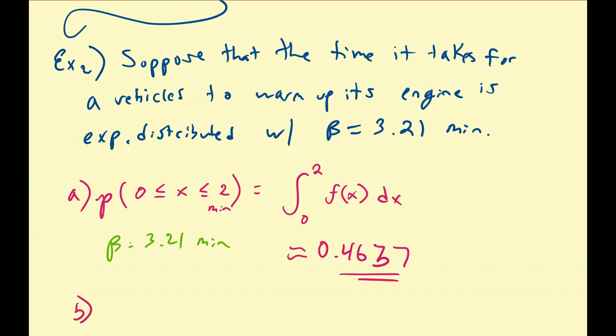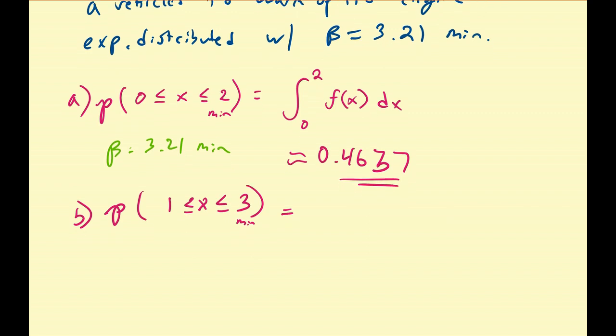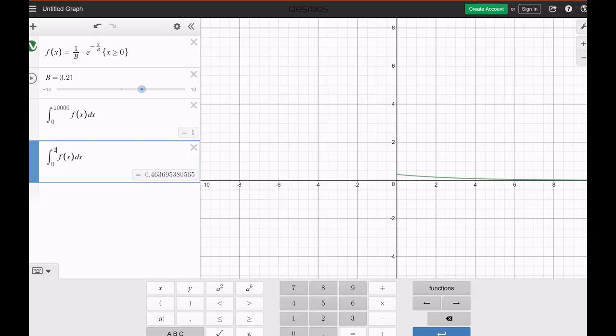So let us also ask, what is the probability that a randomly selected car's engine warms up between 1 and 3 minutes? Again, we don't need to do any conversion since it's in the same unit. So again, that's the integral from 1 to 3 of our probability density function f. So the integral from 1 to 3 is going to be equal to what? 1, 2, 3.